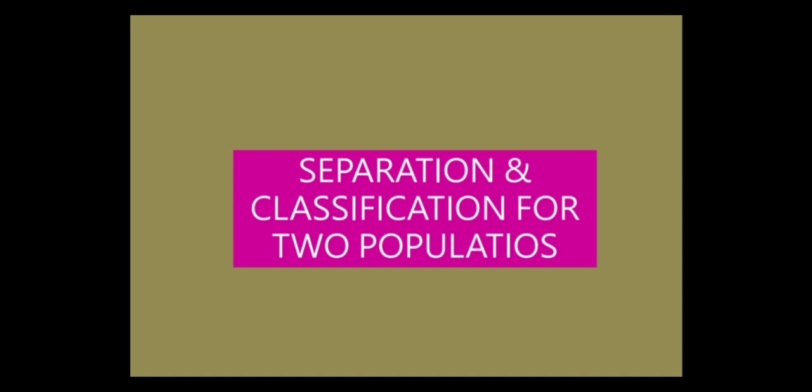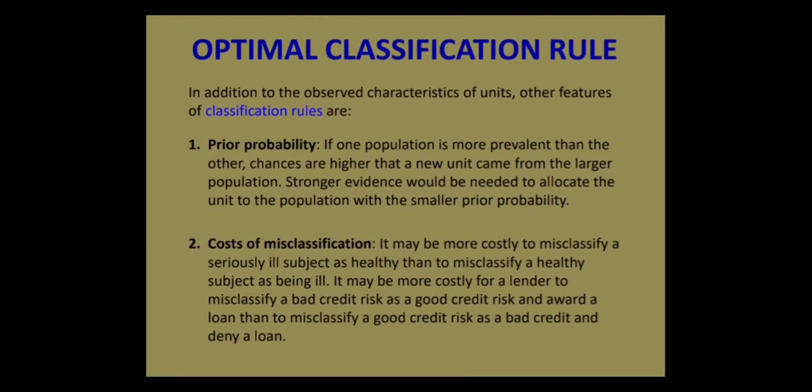Okay, the next topic is the separation and classification for two populations. So in this topic, we can calculate the prior probability and the cost of misclassification, which is the optimal classification rule.